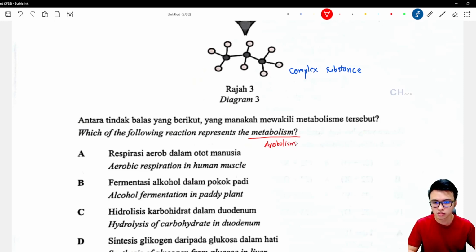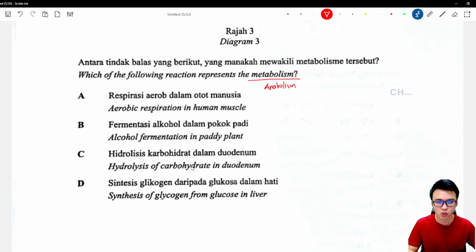But the question here doesn't state whether this is anabolism or catabolism. They give you examples: aerobic respiration in human muscle, alcohol fermentation in paddy plants, hydrolysis of carbohydrates in the duodenum. You can see all these options, A, B, C, are breaking down the stuff. For aerobic respiration, you break down the glucose using oxygen.